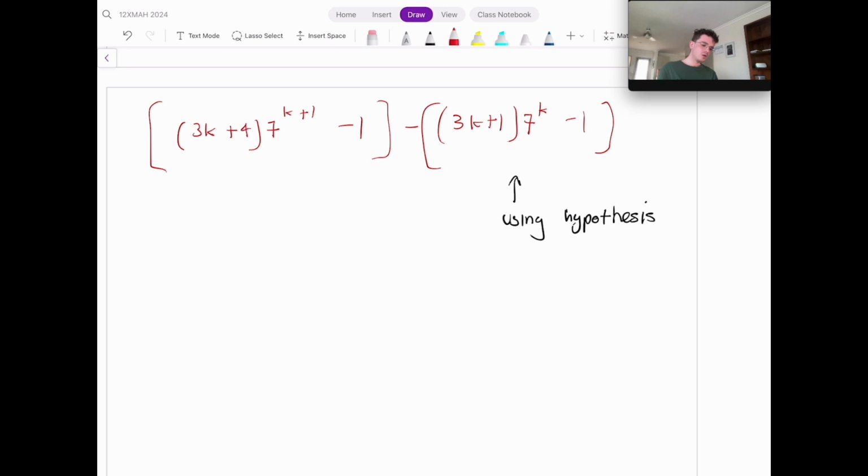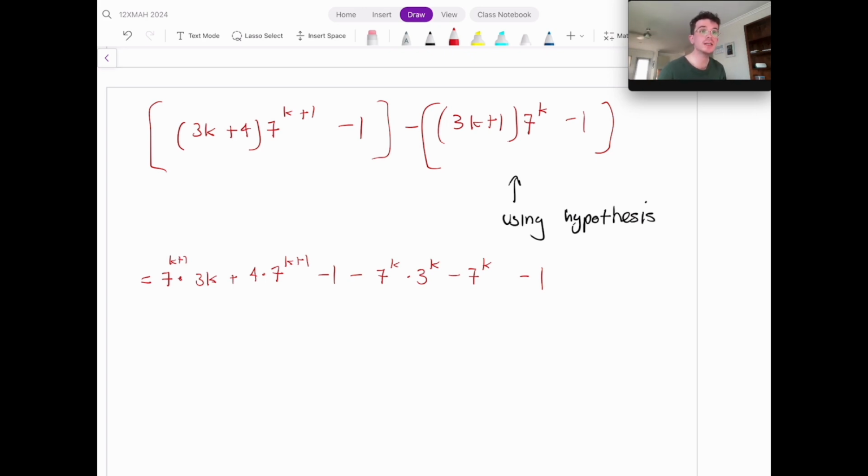So if we have a go at expanding that, we're going to have 3k plus 4 times 7 to the k plus 1, minus 1, minus 3k plus 1 times 7 to the k, minus 1. Now we're going to try and collect like terms.